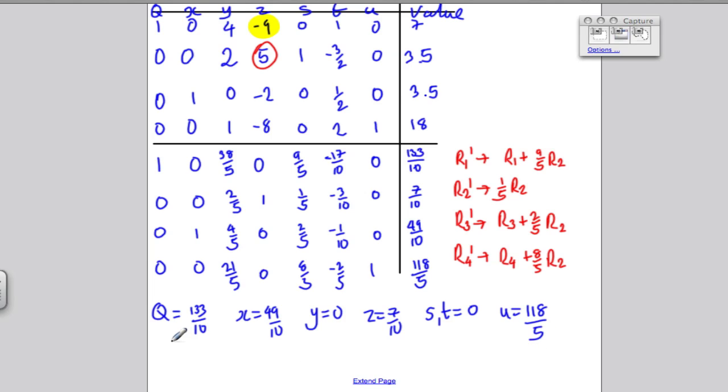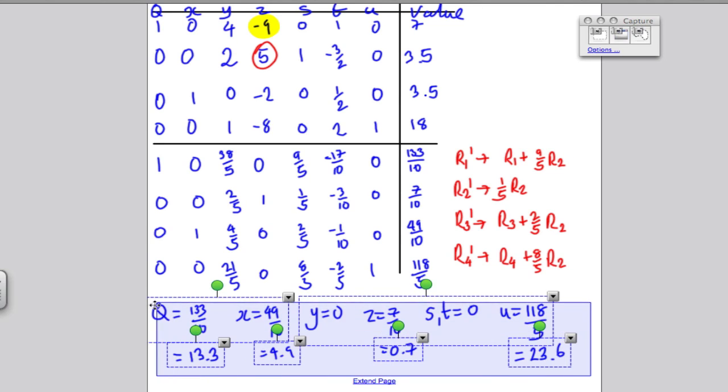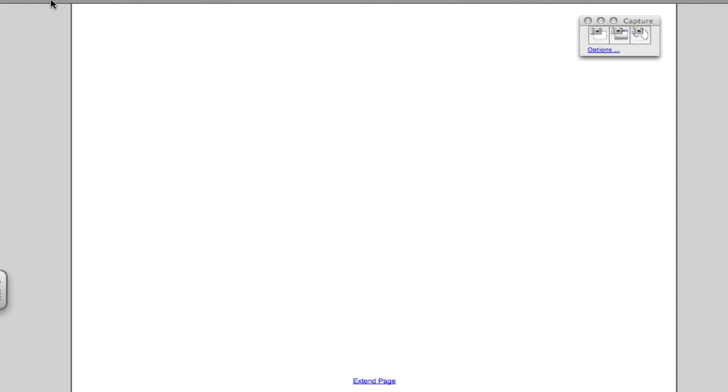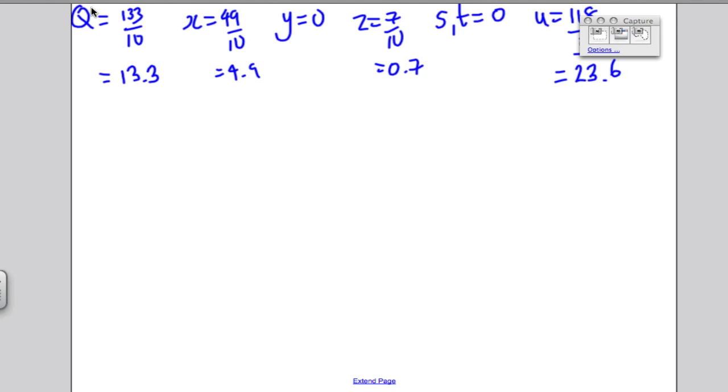Okay, so I'm just going to convert these into decimals. Q is equal to 13.3, X is equal to 4.9, Y is equal to 0, Z is equal to 0.7, and U is equal to 118 divided by 5, which is 23.6. Okay, I'm going to take what we got from our simplex method and translate that back into our original problem.